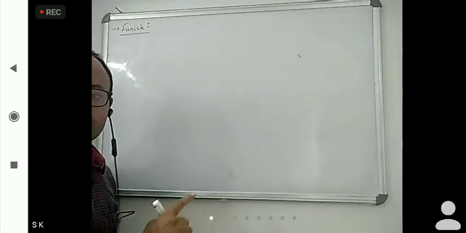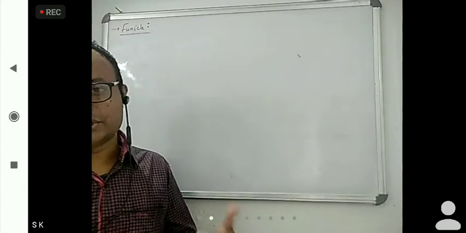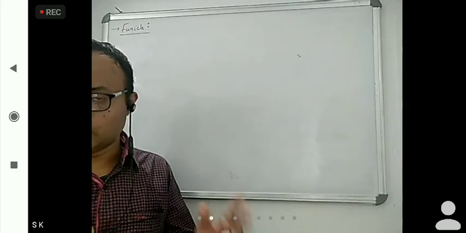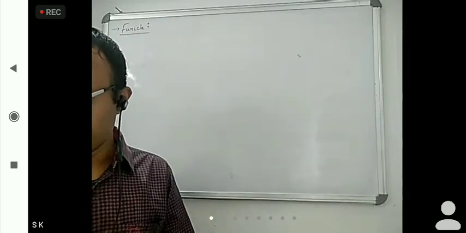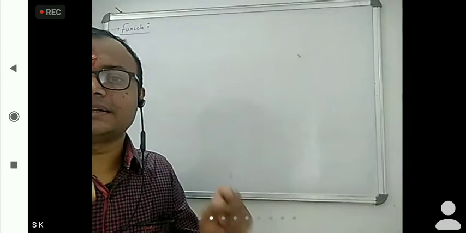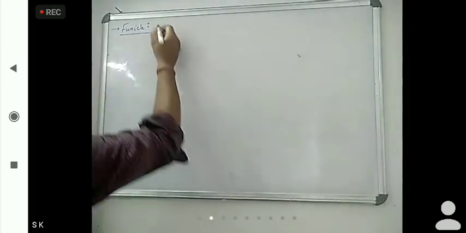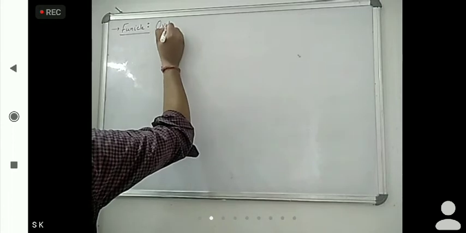Just see that figure and tell me how we can define funicle. What we can say: ovule is attached to placenta by a slender stalk, that is known as funicle.